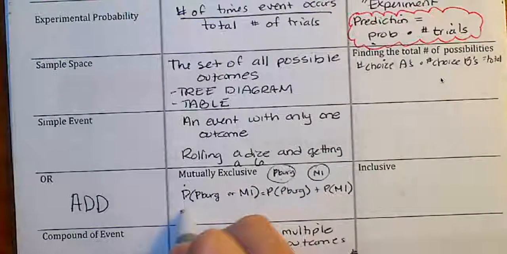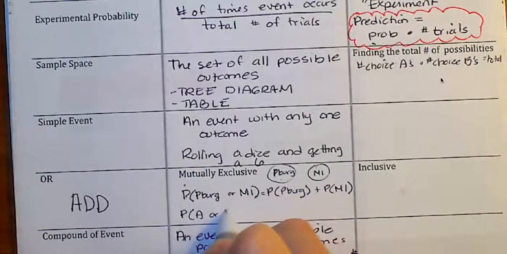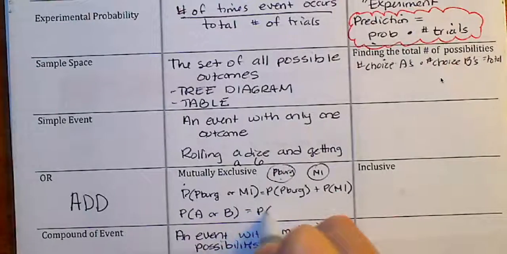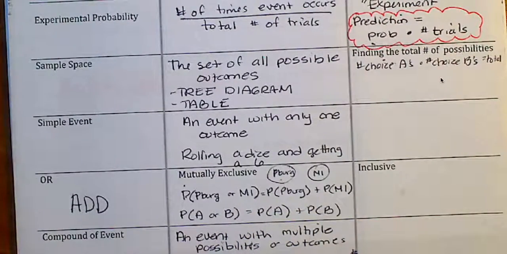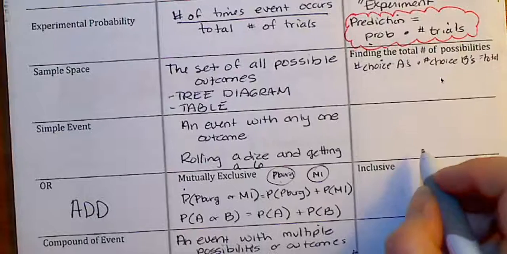Or for example, if you want the probability of A or B, that's the probability of A plus the probability of B. Okay? That's if they are separate from each other. Now, if they are inclusive, then you have to do one extra step. So let's talk about the probability of, let's see.